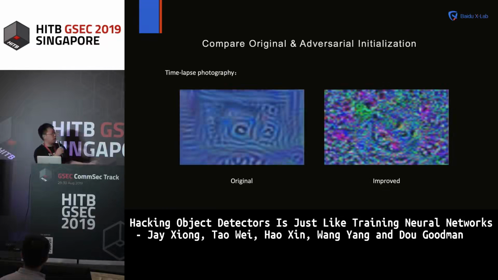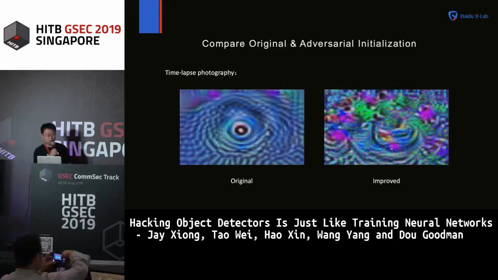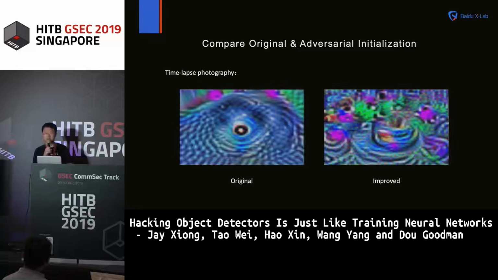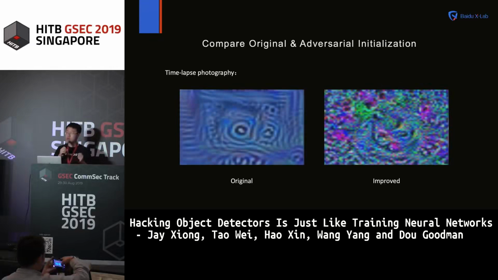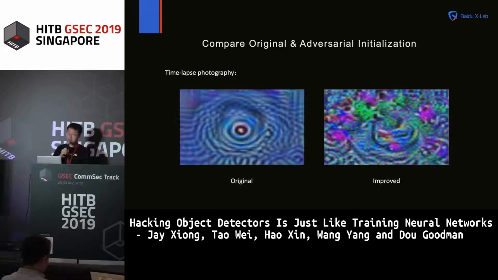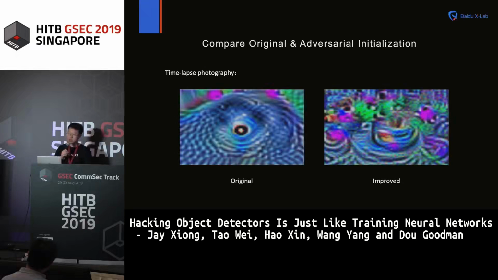And this is a time-lapse photography. You can see on the left side, it's the original method, and on the right side is the image from our improved method. The color is gradually moving from the starting point, and we can use such an image as input to fool the object detector to achieve our goal.